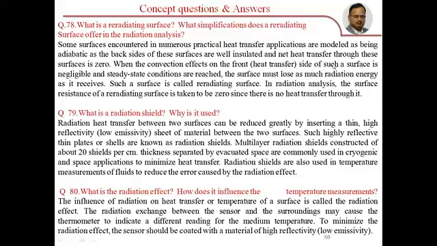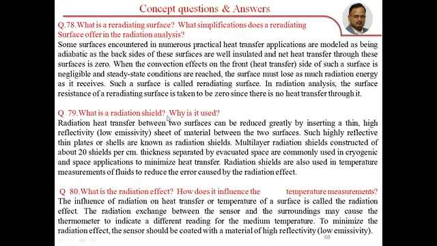And the convection effects on the front side of such a surface are negligible. Under steady state conditions, the surface must lose as much radiation energy as it receives. Such a surface is called a reradiating surface. In radiation analysis, the surface resistance of a reradiating surface is taken to be zero since there is no heat transfer through it.